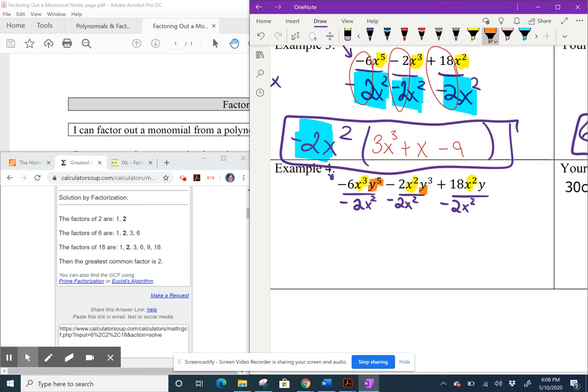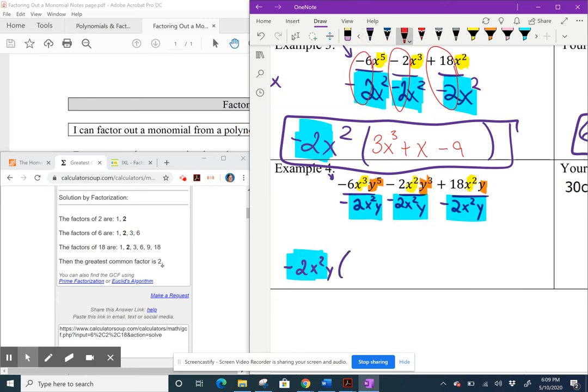We have y to the 5th, y to the 3rd, and just y. So then we just have a y because that is the smallest exponent for y. Please note that all of these monomials that we're factoring out are the same. And now we just divide.